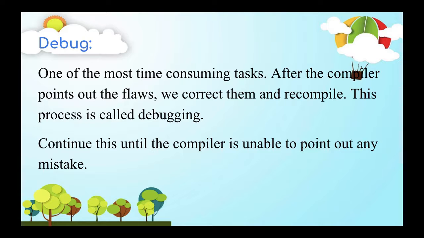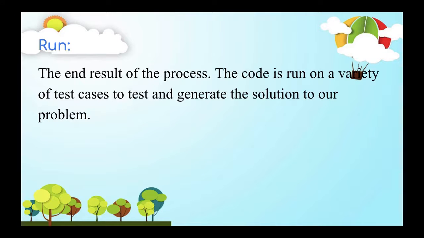In this process, we compile the code, we identify the flaws, we debug those. Debug means correcting those flaws, and we recompile. This process goes on and on until the compiler is unable to identify any particular flaw, right? After debugging, we run the code. This is the end result of the process. The code will be run on a variety of corner test cases.